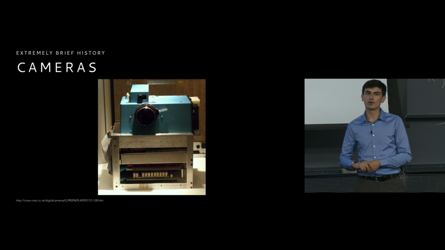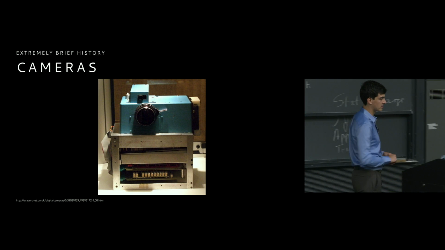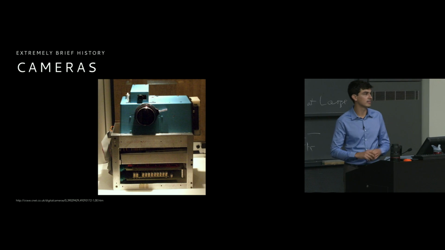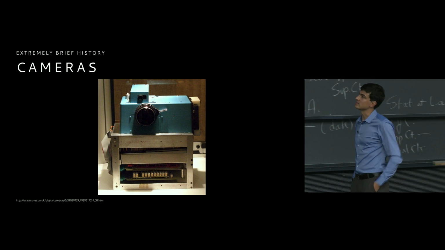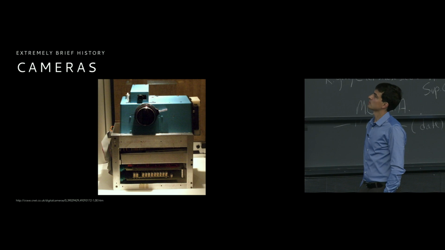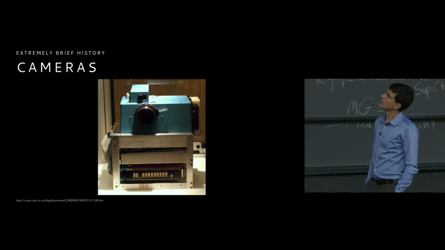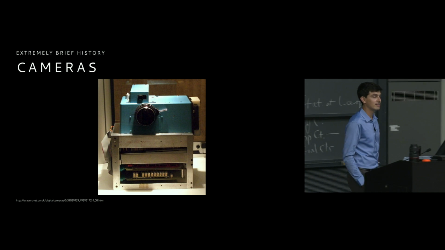As you now know, Kodak has now essentially shut down their digital camera business and, for the most part, their film business, and they just weren't able to keep up, which is really too bad because they were, of course, the leader for many years in film photography. But anyway, this is the first digital camera that we know of, created by Stephen Sasson in 1975. It weighed 9 pounds.